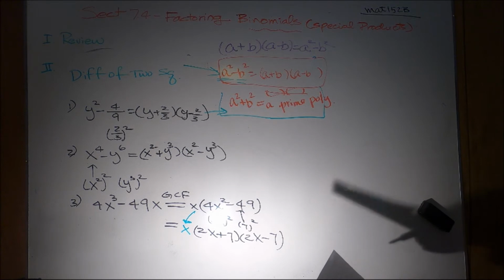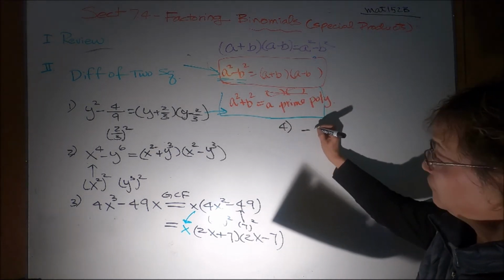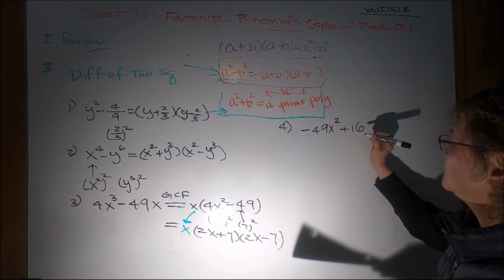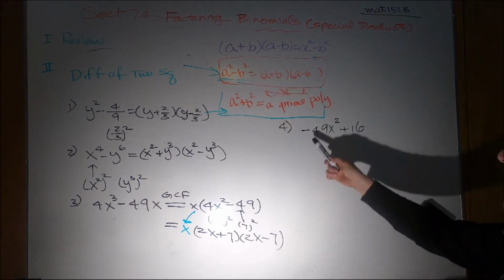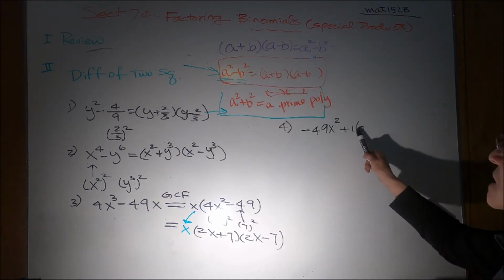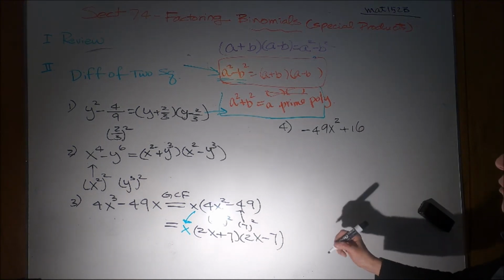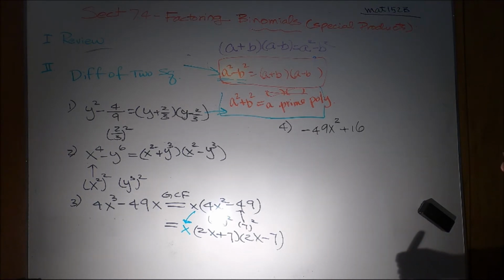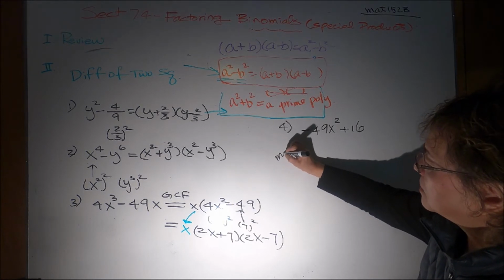Look at the number 4. 49x squared plus 16. We say a squared minus b squared, not a negative a squared plus b squared, right? So one way you can do is you switch them around, right? Method 1.